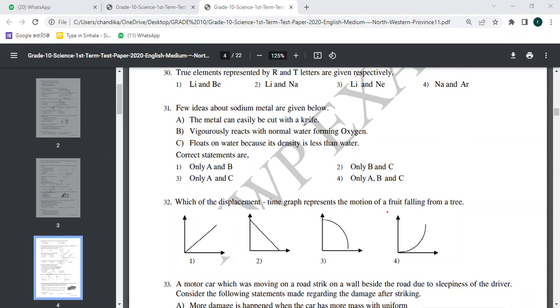I also cut a piece of sodium metal with the help of a knife. This statement is true. Vigorously reacts with normal water forming oxygen. Vigorously reacts, correct. Forming oxygen, wrong.